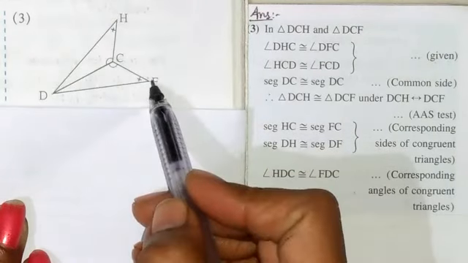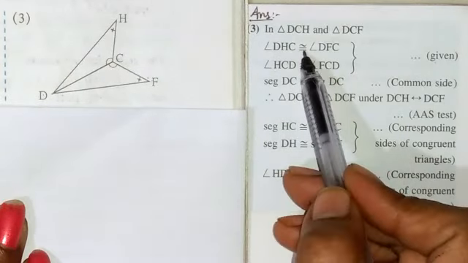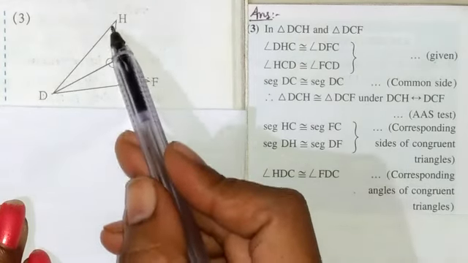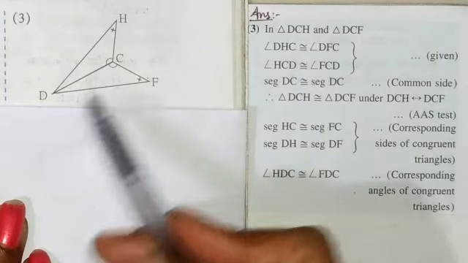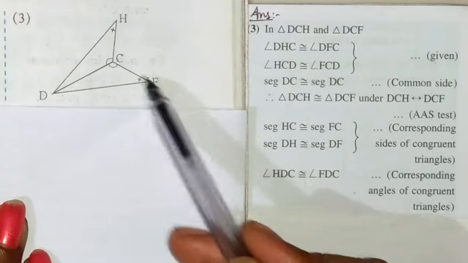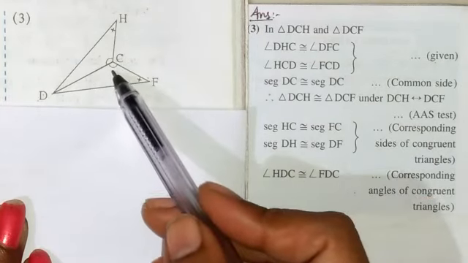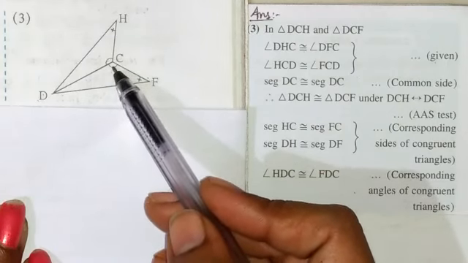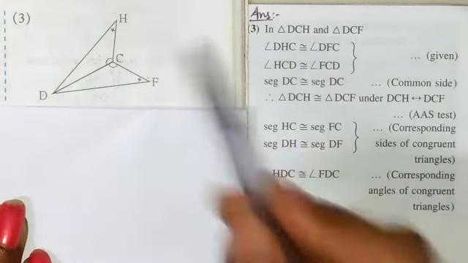Yes, angle DHC is congruent with angle DFC, these two cross marks we can easily see, as well as angle HCD and angle FCD. These two angles are identical, marked with the curved line, so their measurement is also similar. This information is given in the diagram only.